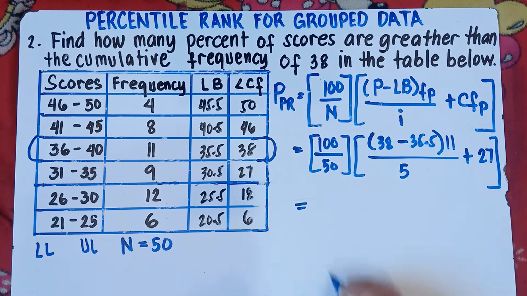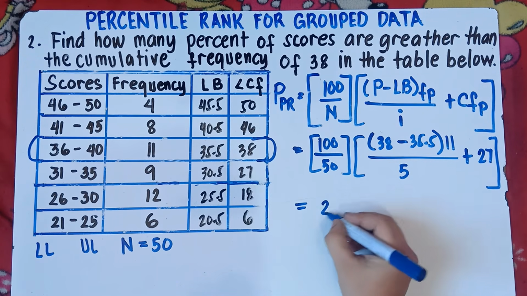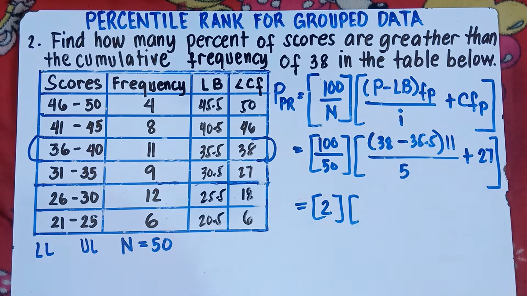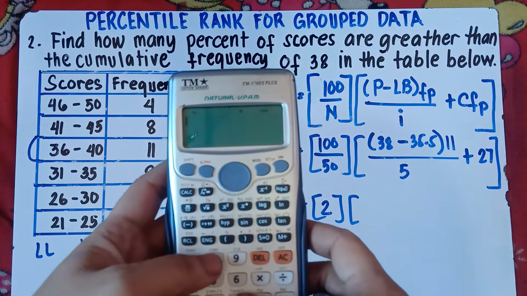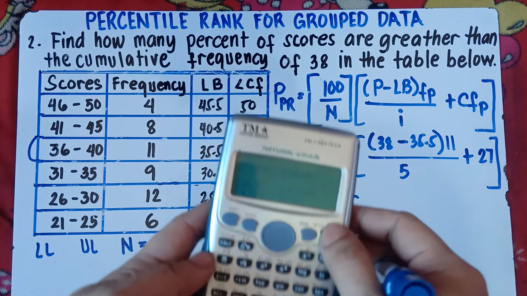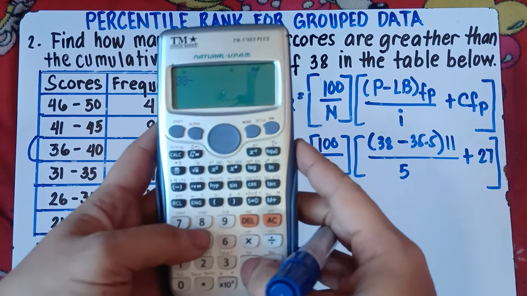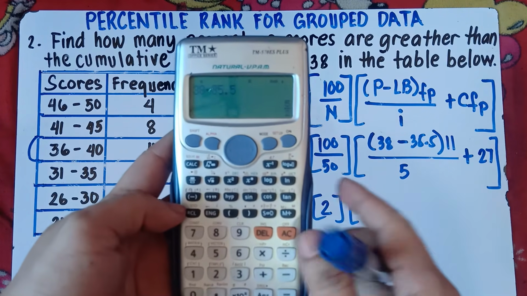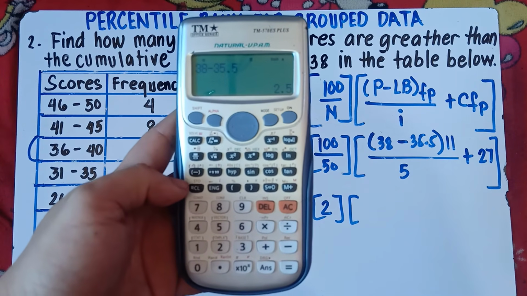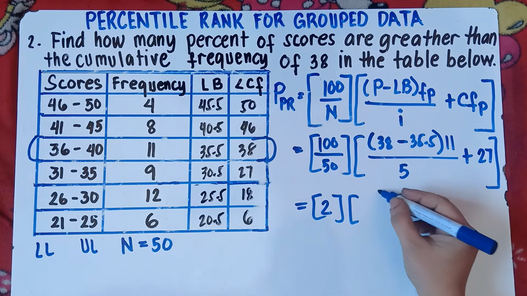Now use your calculator. 100 divided by 50 is 2. Then the bracket: you subtract 38 minus 35.5, which equals 2.5.